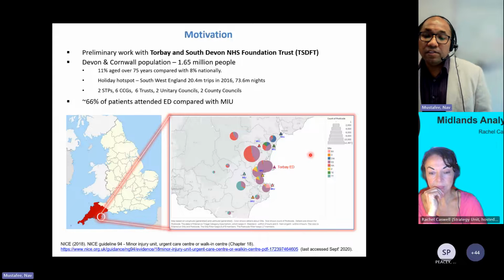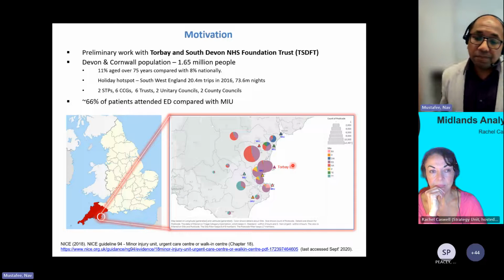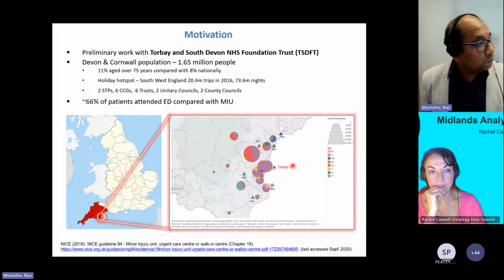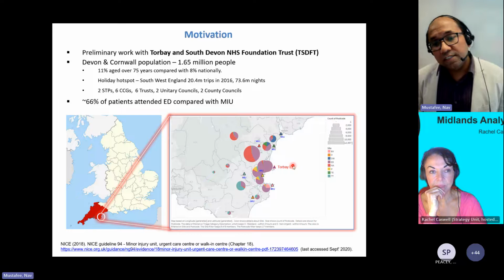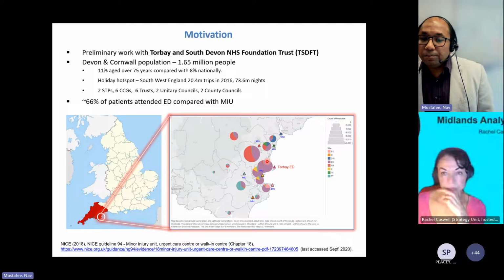And we see what is maybe to be expected, especially when patients are not fully informed of the other urgent care facilities: people who are near a certain facility, like Torbay Hospital, the majority of them are coming from those postcode areas.